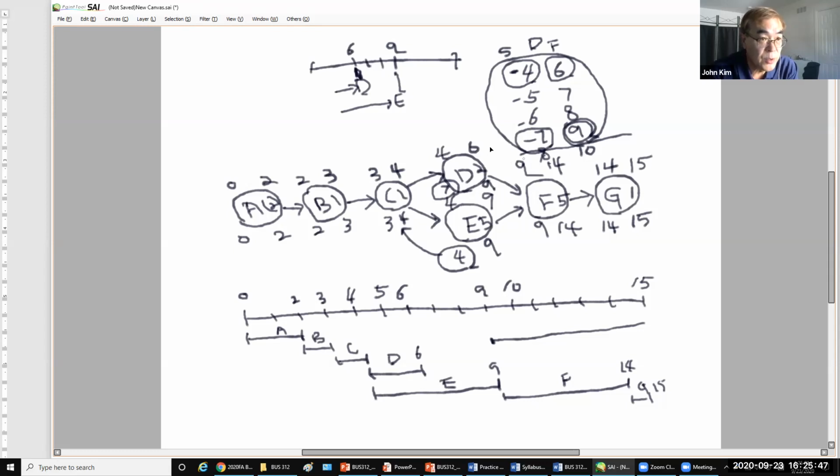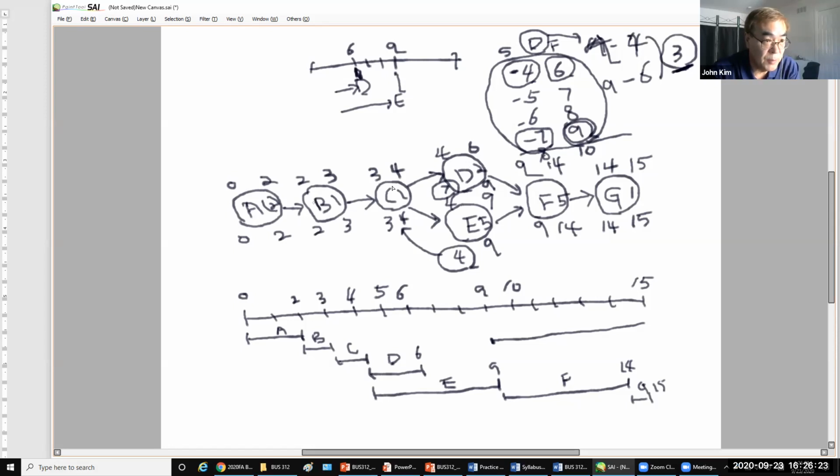So activity D has a slack of 3, because 7 minus 4, or 9 minus 6. So 3 weeks of slack. This one can be delayed up to 3 weeks without delaying the entire project. So this one has slack.